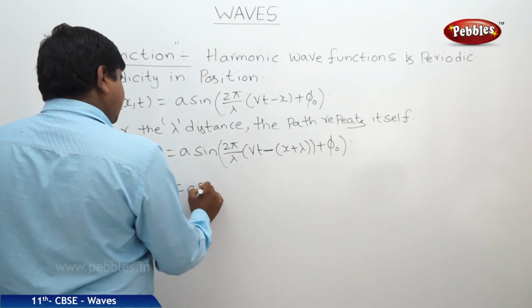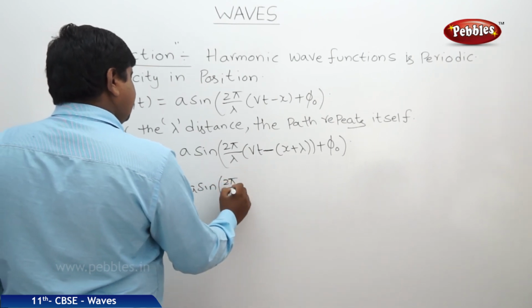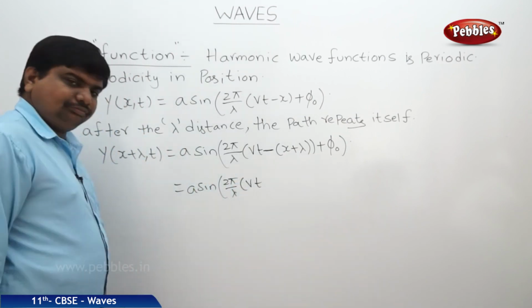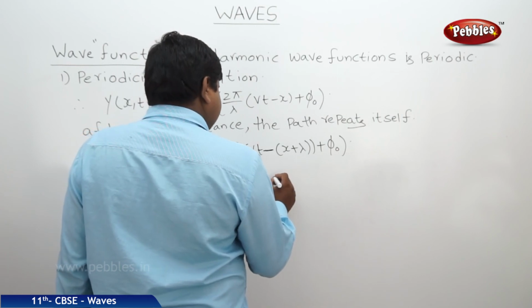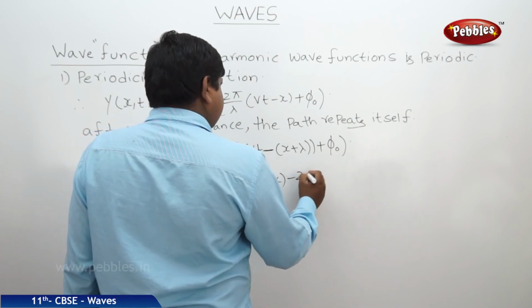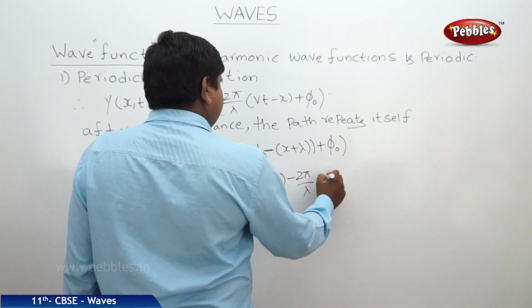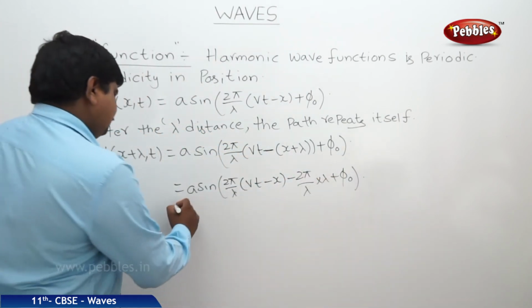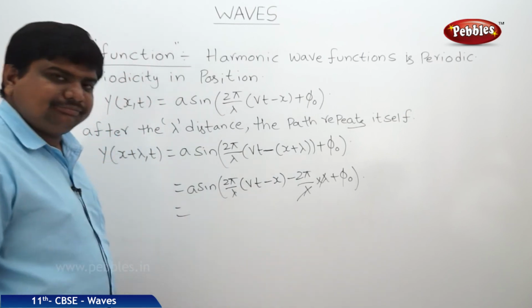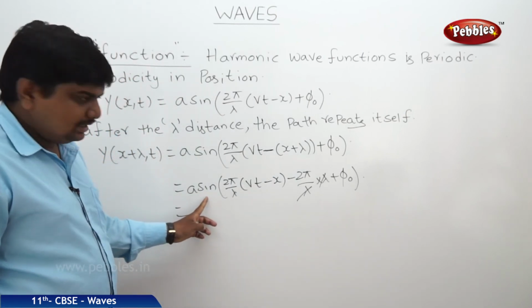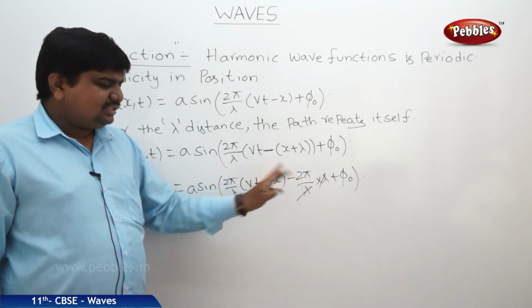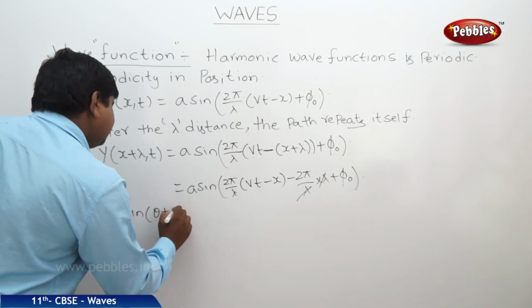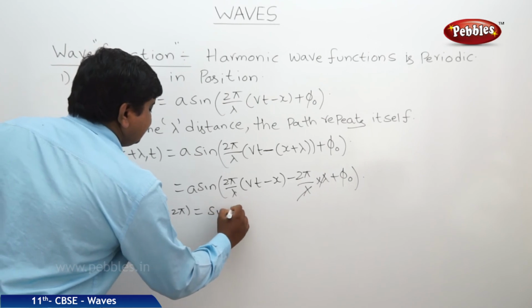Now this will be A sin of 2 pi by lambda into (vt minus x) minus 2 pi by lambda into lambda, plus phi naught, because we did the expansion. Here lambda and lambda get cancelled. So let us suppose sine of theta plus or minus 2 pi is nothing but sine theta.